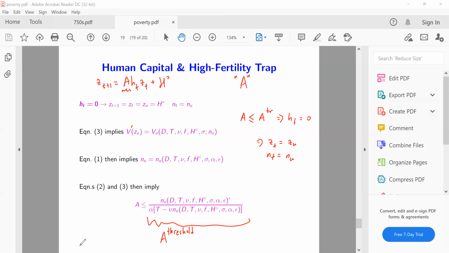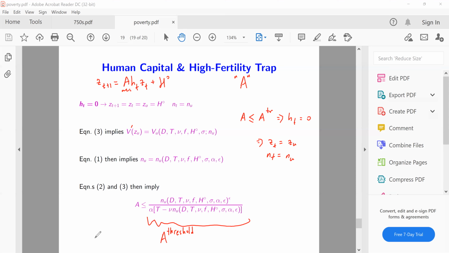That's obvious economic reasoning. You don't find it optimal to decrease the number of kids and increase the education time that you spend with them. All right, that's pure economic reasoning, actually.